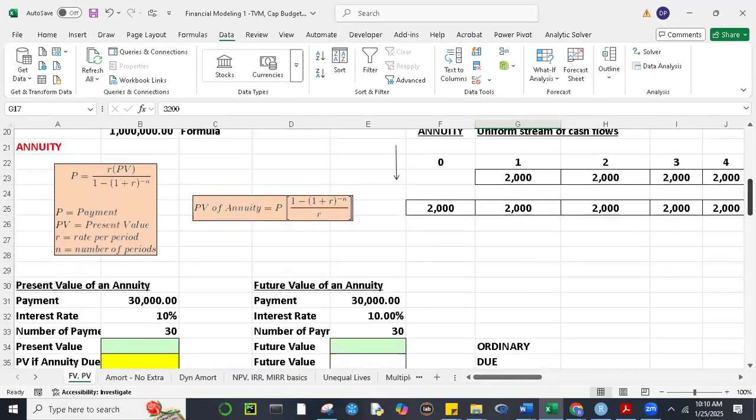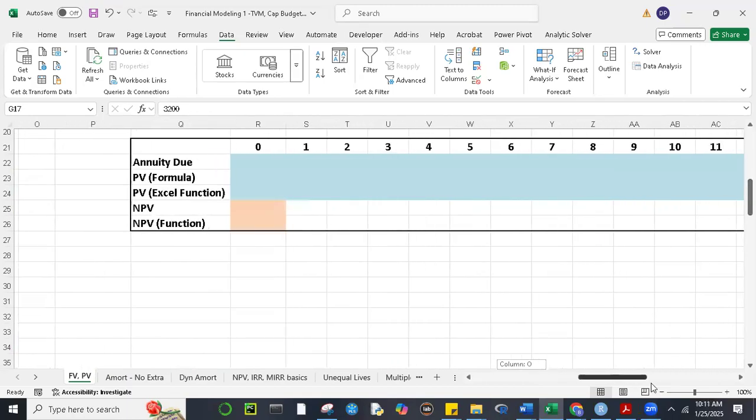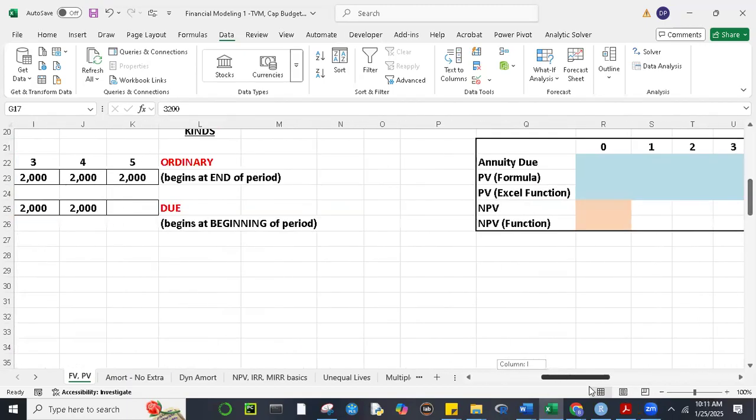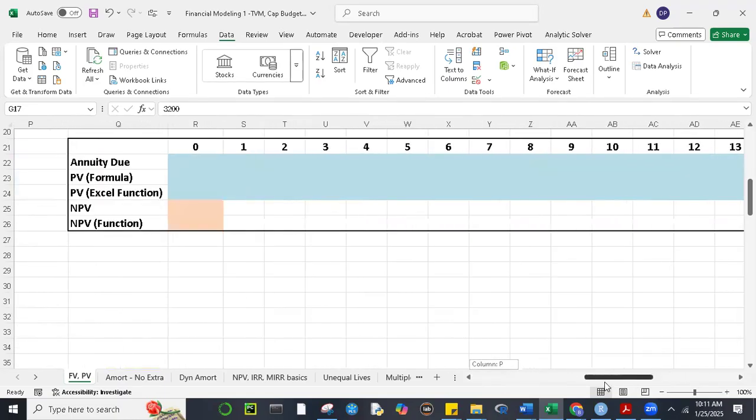Okay. So now we take a look at annuities. Let us mathematically show the present value of an annuity of 30,000 for 30 years and differentiate it with annuity due.